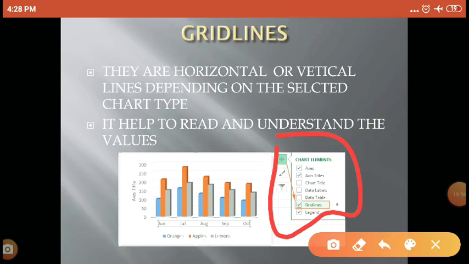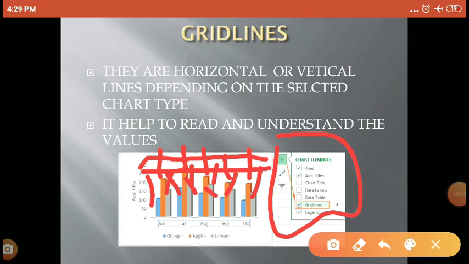Now we can understand the value easily. See, apples 200, 230. Lemons are gray in color and oranges are in blue. Can you see these lines like this?